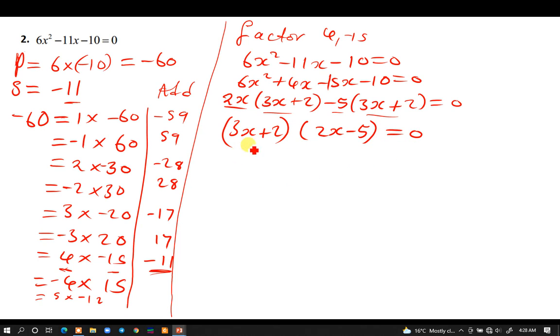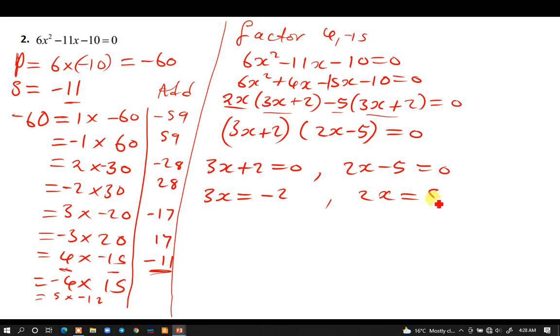So from there, we can now equate each of these two factors to 0. So we have 3x plus 2 is equal to 0. We also equate 2x minus 5 to 0. So 3x is equal to negative 2, and 2x is equal to 5.